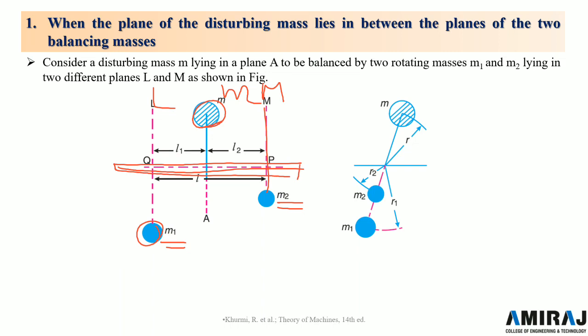The distance from the disturbing mass to m1 is L1 and from the disturbing mass to m2 is L2. The radius of rotation for the disturbing mass is small r, and for the balancing masses it is r1 and r2.